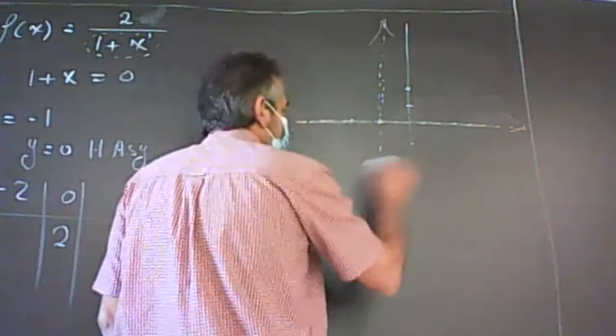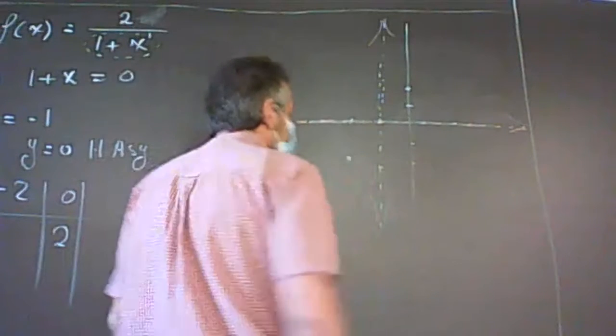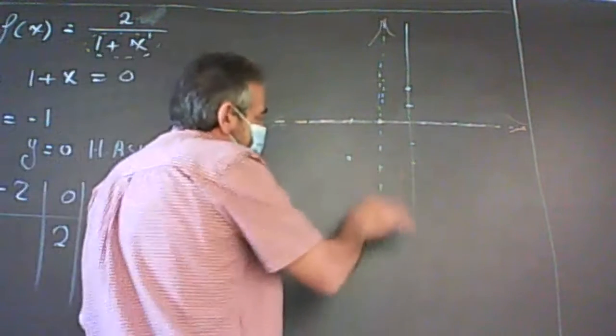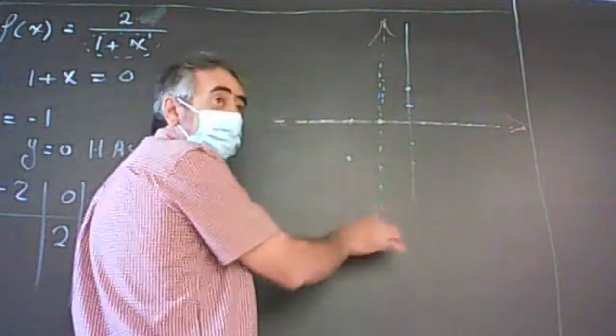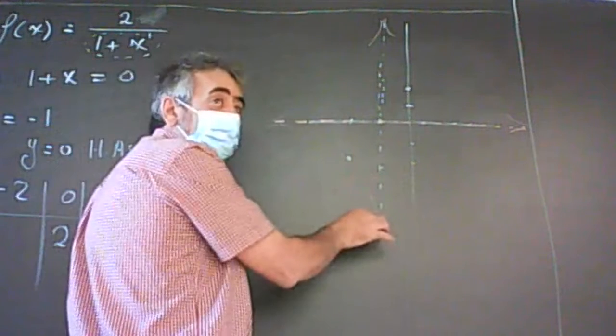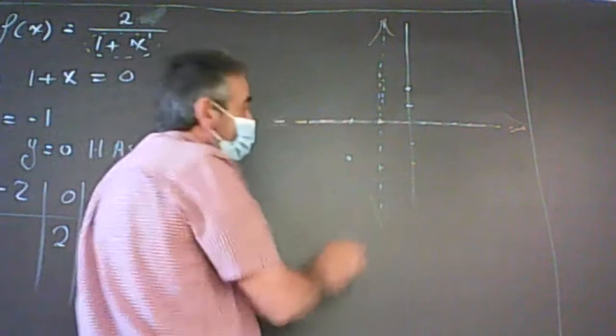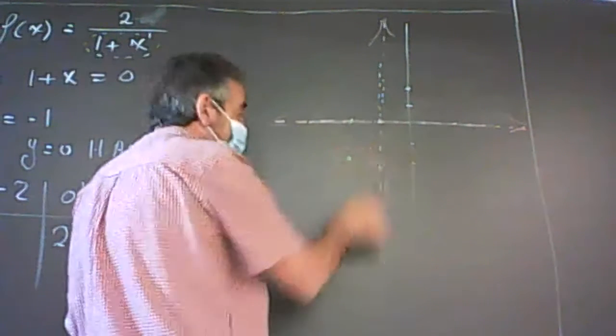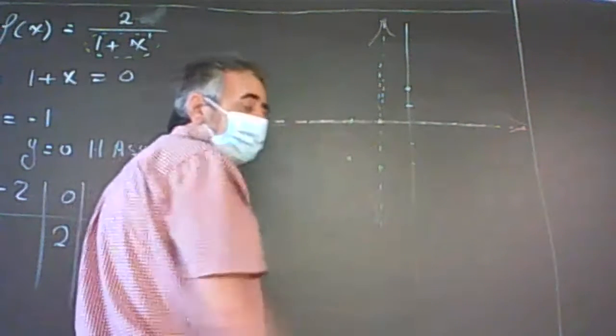So the y value is -2 right here. Yes? Now you can see right away that this portion of the graph is going to be, right? Because this point is in this area over here.